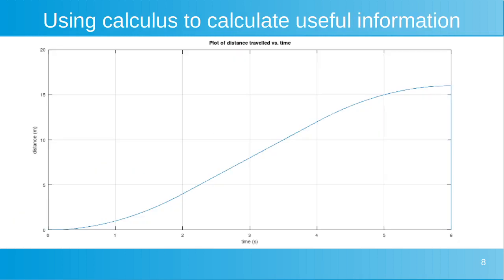So what we've just done is we've started with a plot of distance with respect to time. Then we generated a piecewise function to describe the behavior of the object. So we had a mathematical function that described the distance of the object with respect to time. With that mathematical function, we could then use calculus to determine further information about the behavior of the object.